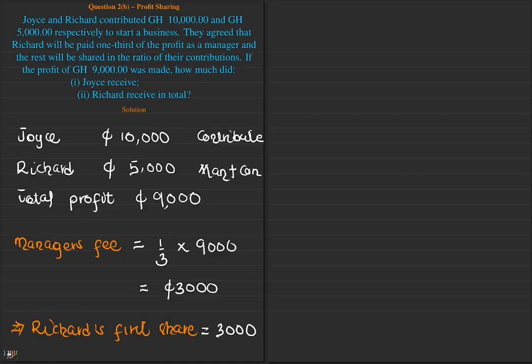Now, what happens to the profit? There will be a remaining profit. So let's call that the profit remaining. And how do we get the remaining profit? That is going to be the total profit, which was the 9,000, minus Richard's share, which is 3,000. Evaluating that gives us 6,000.